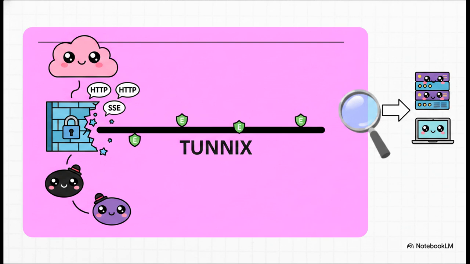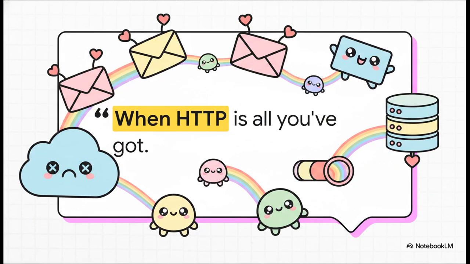Things like Cloud Shell and strict proxies just see standard web traffic and they let it pass right through without a second thought. The official tagline for the project honestly says it all, and it's got a bit of dramatic, cinematic truth to it. When HTTP is all you've got. It really is the ultimate fallback, your ultimate lifeline when nothing else works.